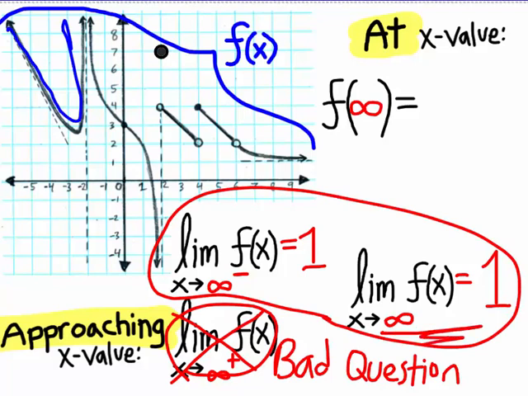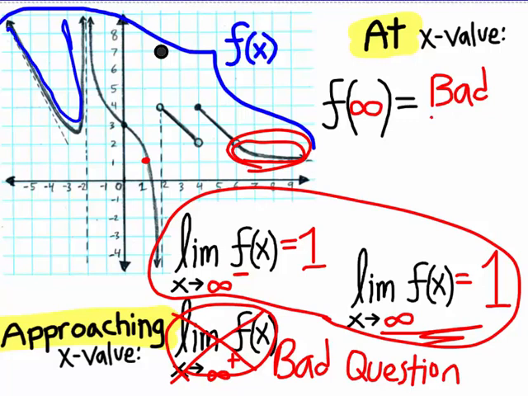Now, as far as what happens at infinity, I'm going to say that's also a bad question. I know it's tempting to put 1 there, but technically 1 is not in the range of the function, or at least not along this branch. There is a y equals 1 over here, but if we look at this branch, y is not in the range of that branch.